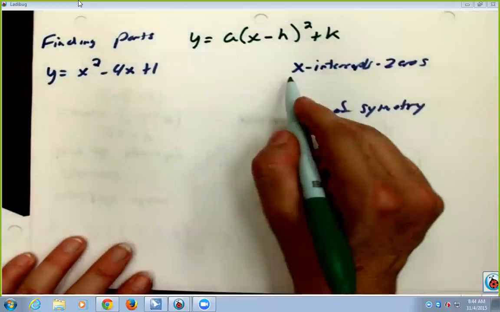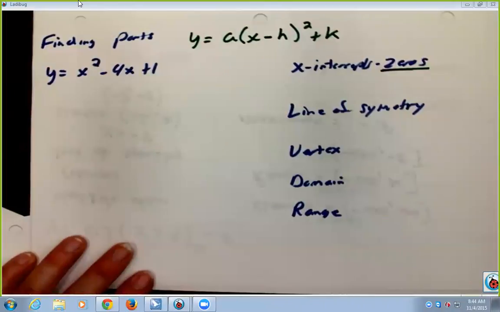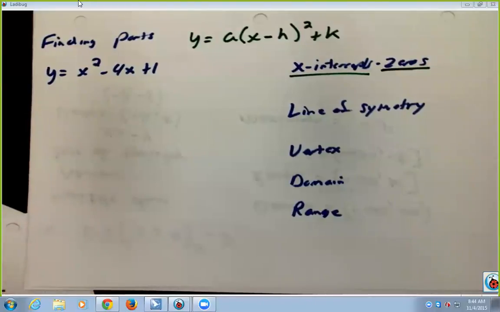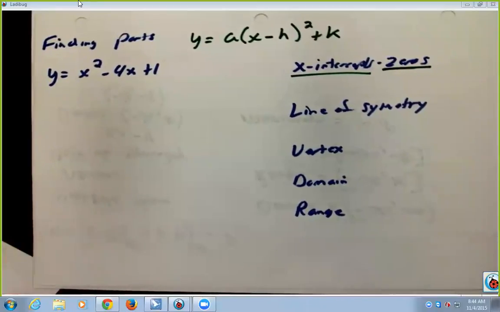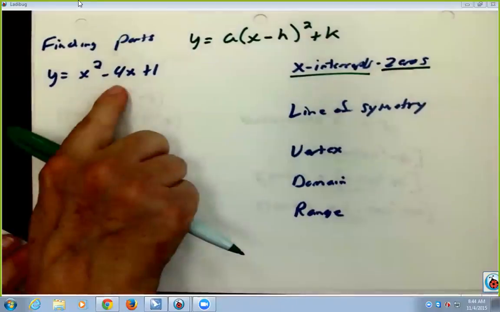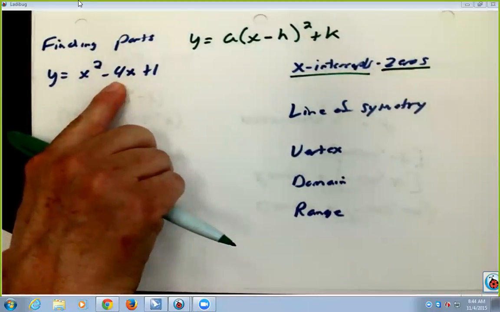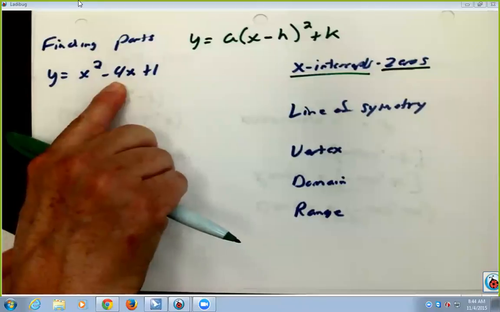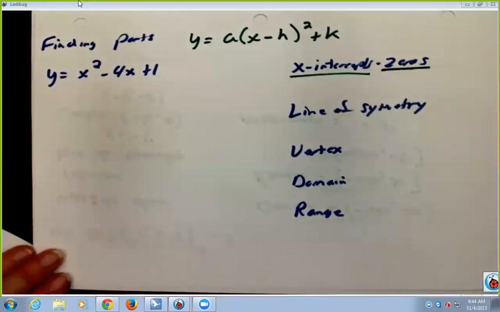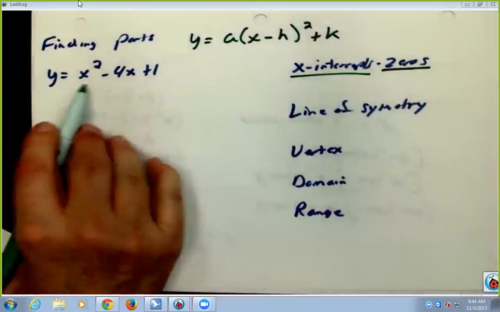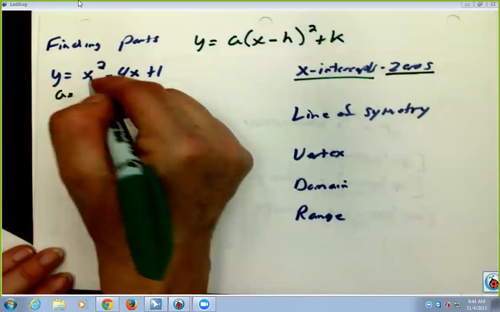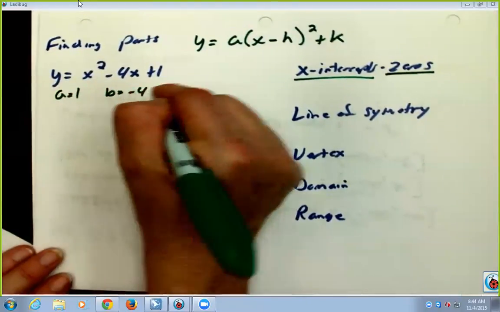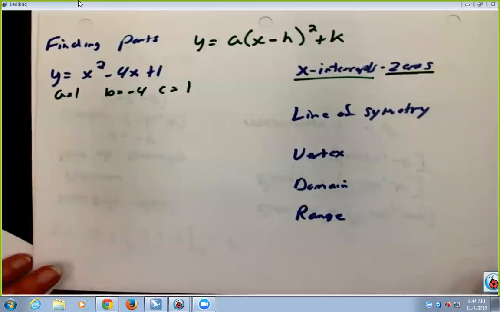If it's asking you for the zeros, those again are your x-intercepts. Usually what happens with those is we can factor something and find them. But if you look at this one, can it be factored? Can I factor that thing? Can't factor it. No. So what I need to do is find my a, which is 1, my b, which is -4, and my c is 1.